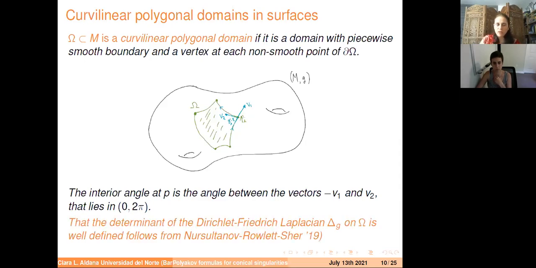And thanks to the work of Sultanov, Rowlett, and Scher, we have an asymptotic expansion for the heat trace for the Friedrichs Laplacian on this curvilinear polygonal domain. It's just the Laplacian on M restricted to the domain. And they also made a microlocal construction of the heat kernel there that allows us to prove the same formula.